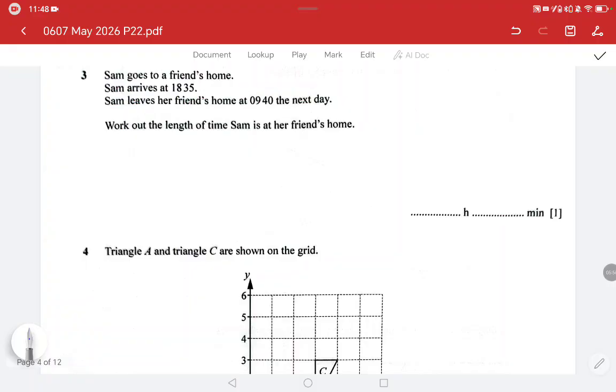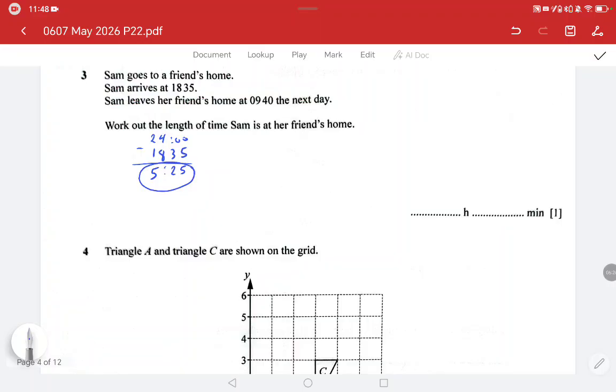From 18:35 to midnight, 60 minus 35 is 25, and 23 minus 18 is 5. So now you have 5 hours and 25 minutes till midnight.